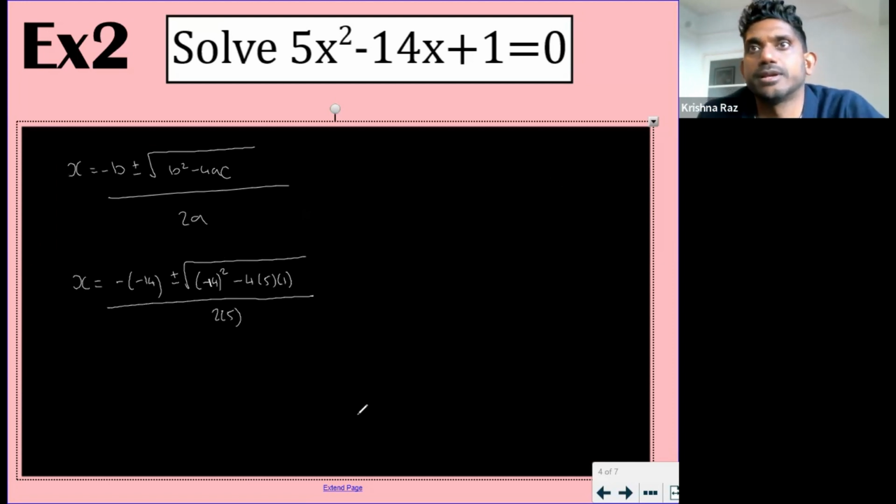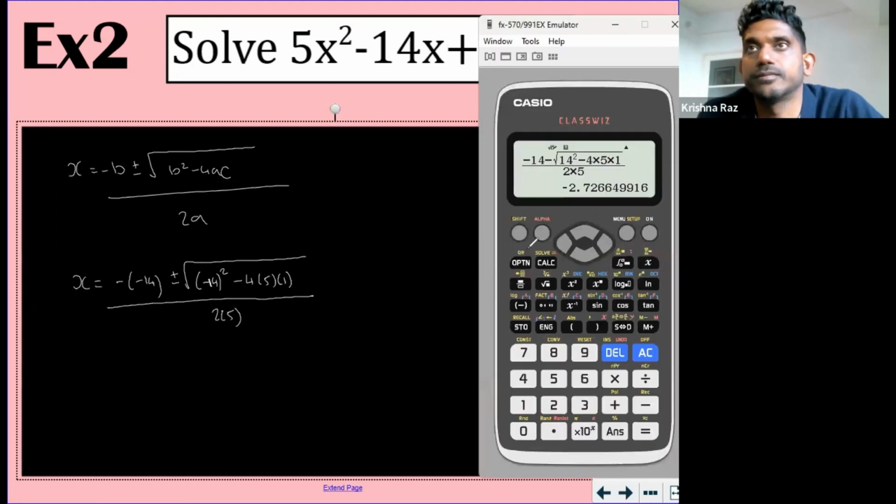So now let me get the calculator out and type that in. So we've got minus minus 14 plus or minus the square root of minus 14 squared minus 4 times 5 times 1 all over 2 times 5.